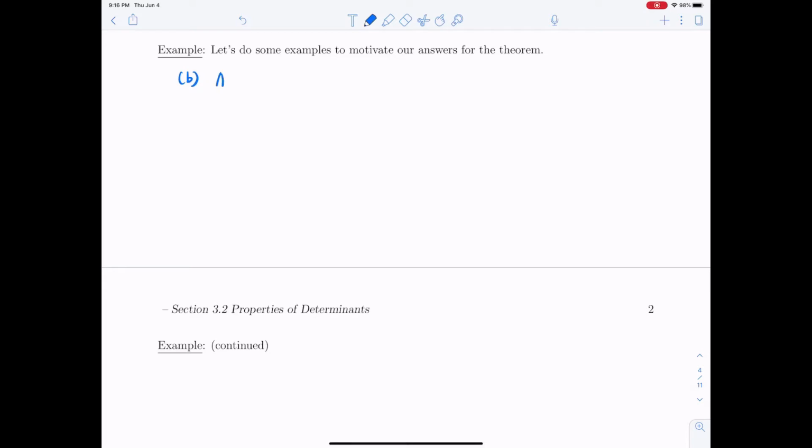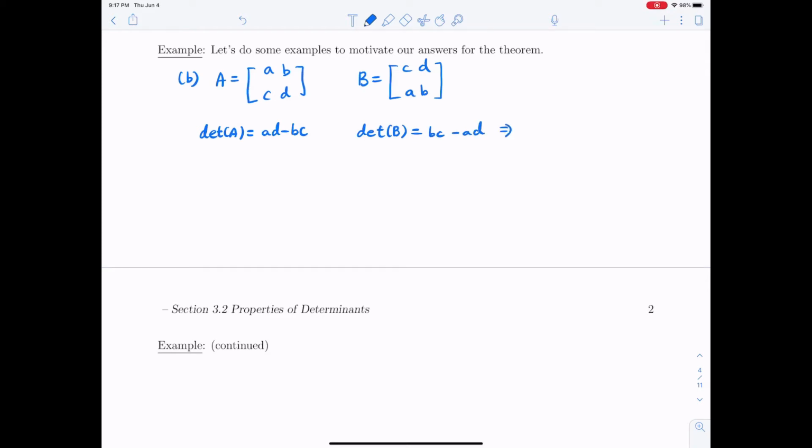So let's say A equals [a b; c d], and B equals [c d; a b]. So basically I switched the first and the second rows of A to get B. And we know that the determinant of A equals ad minus bc, and the determinant of B equals bc minus ad. So this tells you that interchanging rows will switch the sign of the determinant of the matrices.